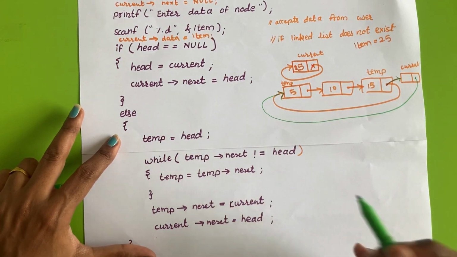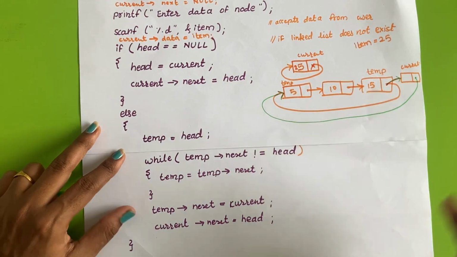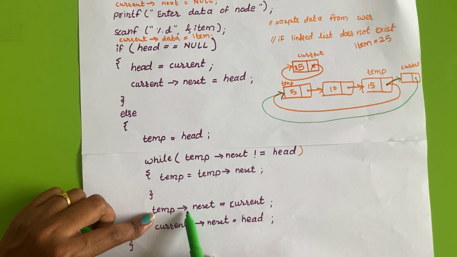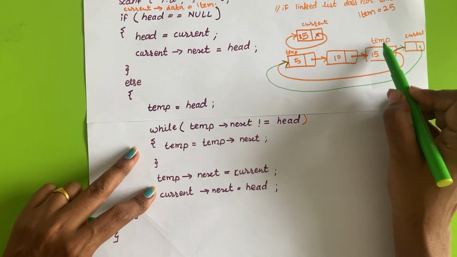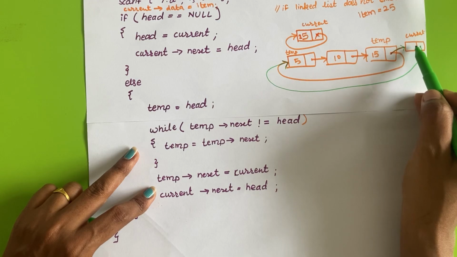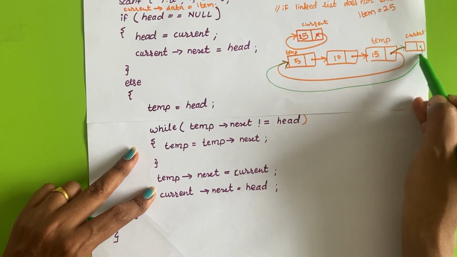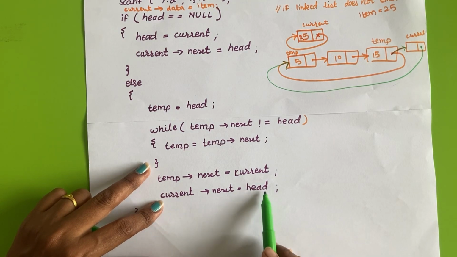Okay, so we have to make these two changes. Okay, so temp next will be now our current node. Temp next will save the address of this current node, and current next will save the address of head node. That's why current next is equal to head.